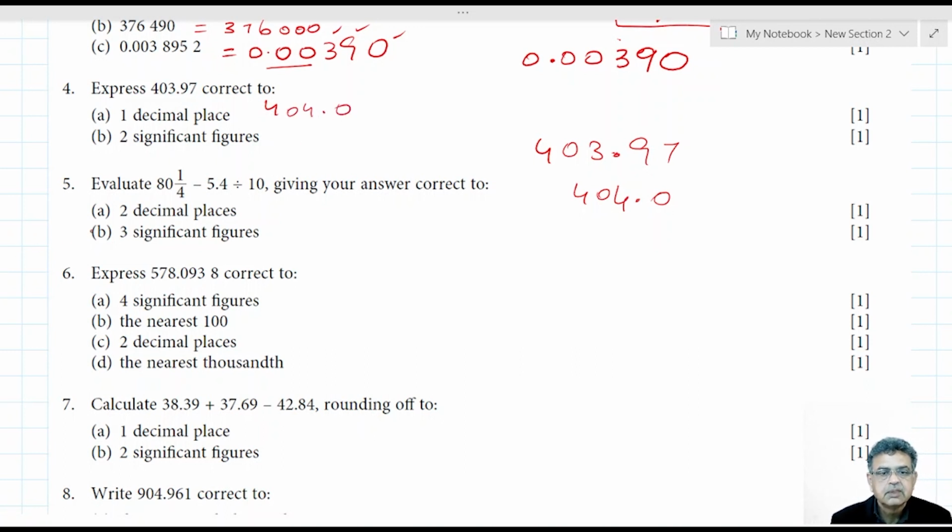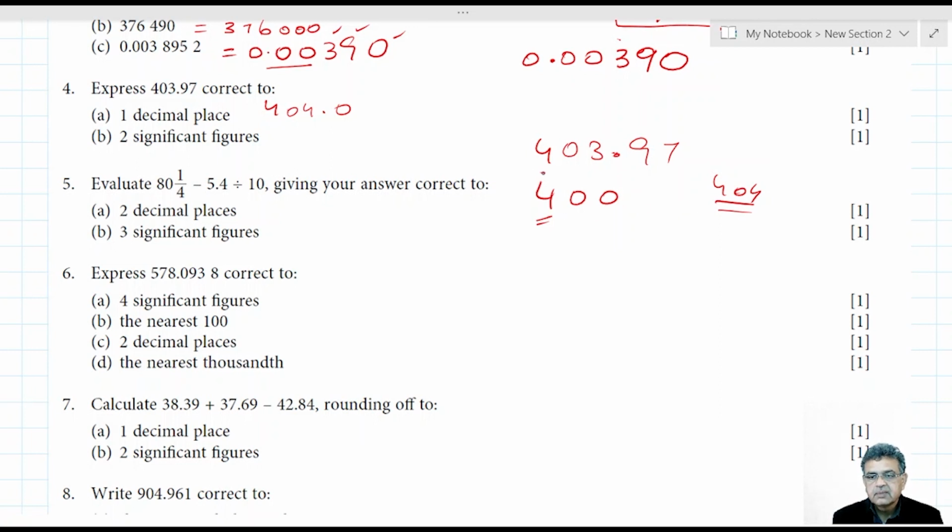Correct to two significant figures. Same number, correct to two significant figures. So that will be 400. Look, this is actually one significant figure, but we have to give the answer to two significant figures. If we write it as 404, this is three significant figures.